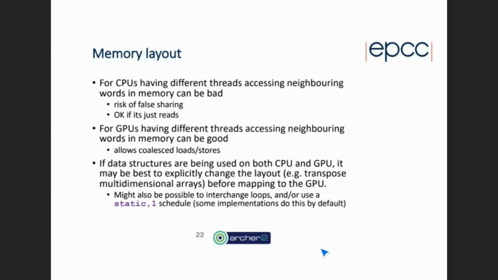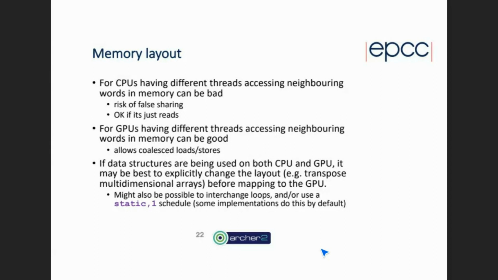And then you also have to care about the memory layout, because what works well is different for CPUs and GPUs. For CPUs, having different threads accessing neighboring words in memory is generally a bad thing, because you have this risk of false sharing.